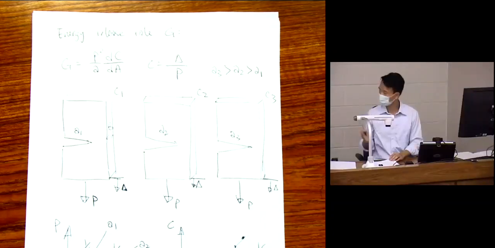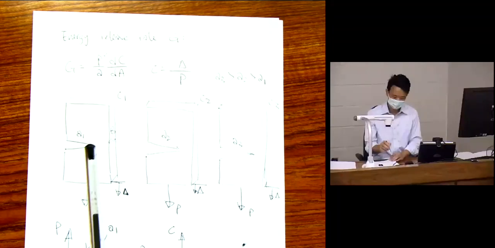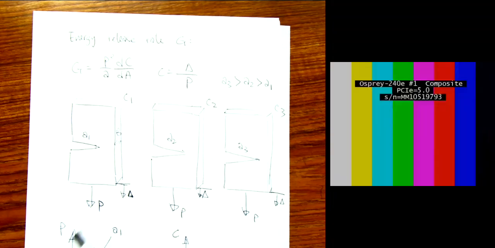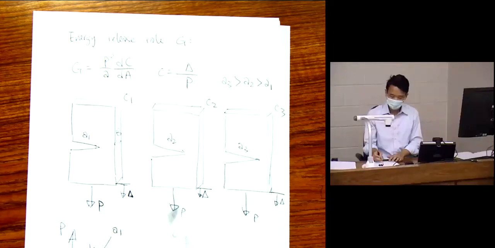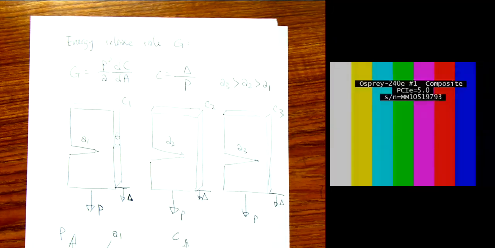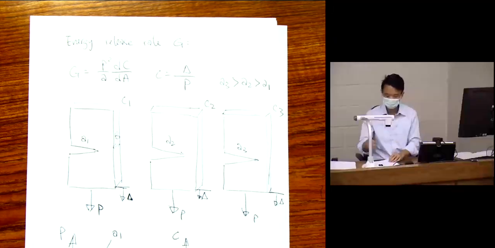So we are doing a different thing now. We are not trying to get a compliance. We're trying to get the energy release rate at fracture. Okay, so what you need to do is, well, you keep pushing it until it breaks, right? That is the energy release rate right at breakage. So you just keep stretching it, and then suddenly it breaks.